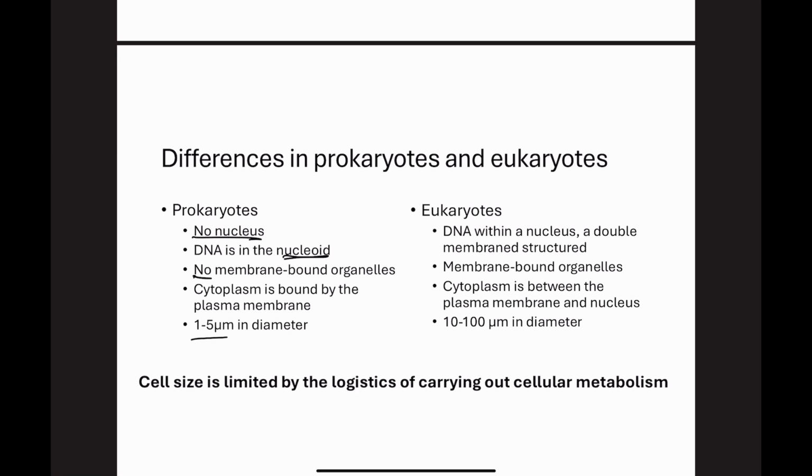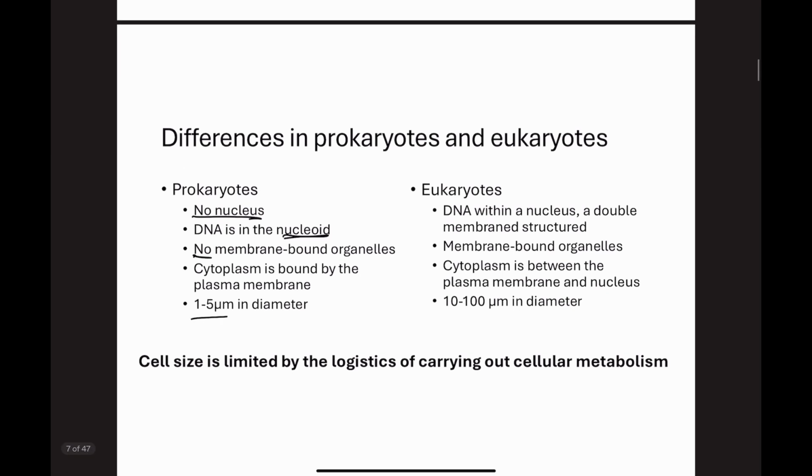On the other hand, we have eukaryotic cells. Our eukaryotic cells have a nucleus. So they contain a nucleus that is a double membrane structure that is going to house DNA. And our eukaryotes also have these membrane-bound organelles. Organelles like mitochondria and the endoplasmic reticulum, which are going to compartmentalize cellular functions.